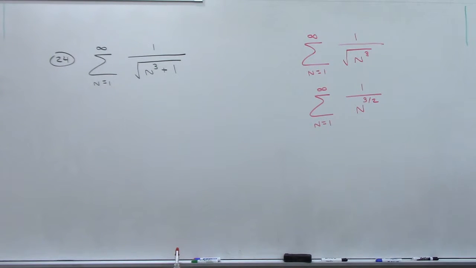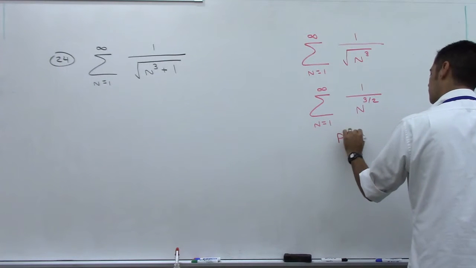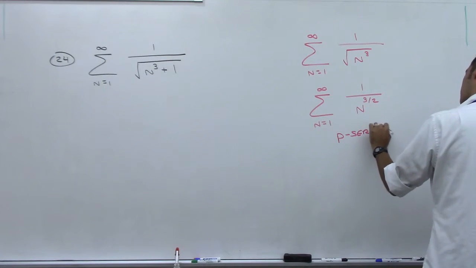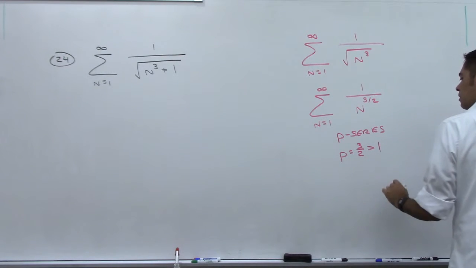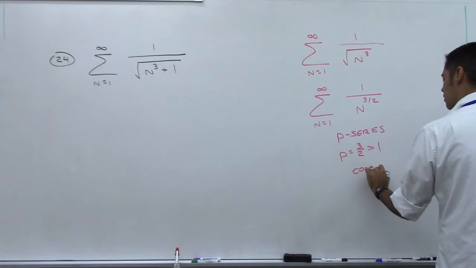And that's a p-series. P is 3 halves, which is greater than 1, which means this converges.